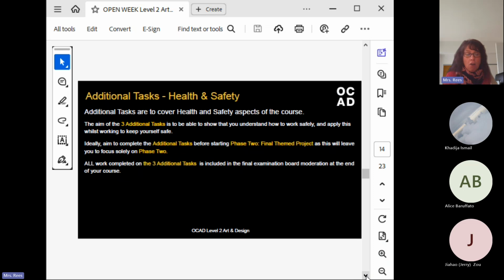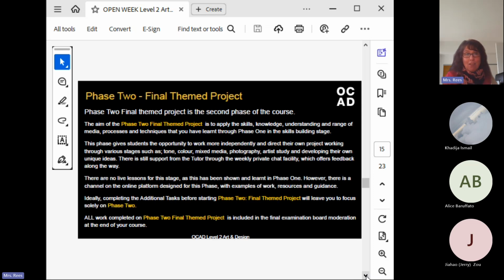So again, they are just to cover that area in order to be able to pass the course. So 3 small tasks. They each have a recording and an assignment sheet which will guide you through and should be fairly easy. So then we get on to phase 2.